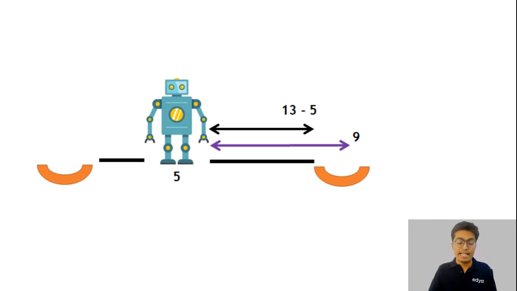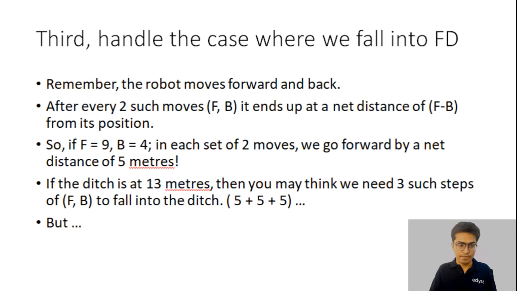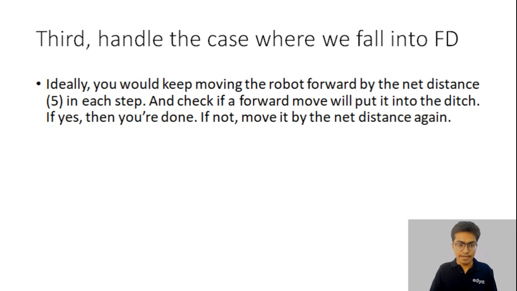Keeping that in mind, where we end up now is here. Ideally you would want to keep moving the robot forward by your net displacement amount. So you would want to move in increments of 5 until such time that you know the next move is going to land you in the forward ditch.